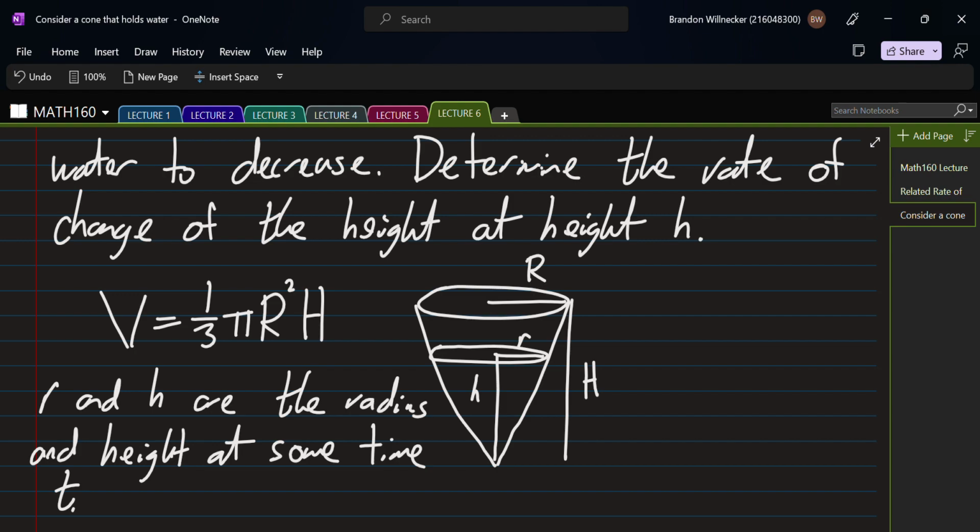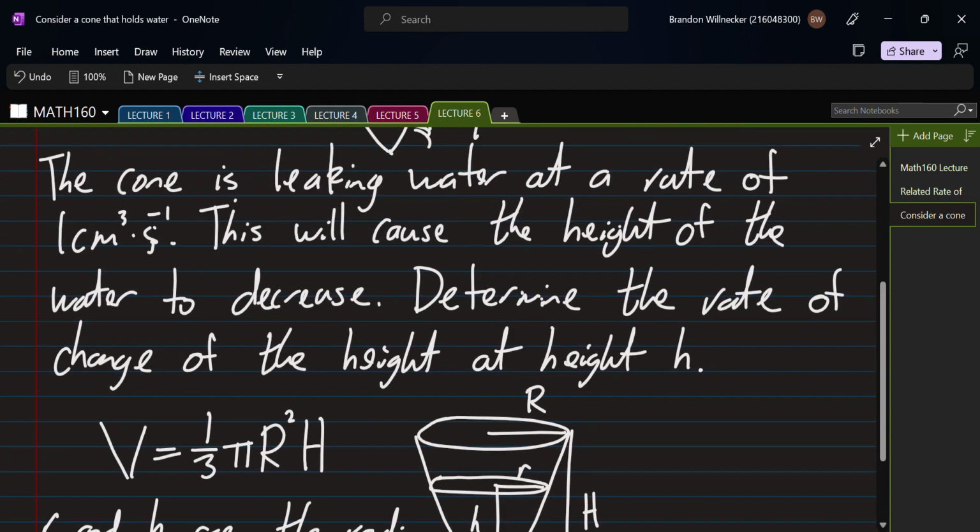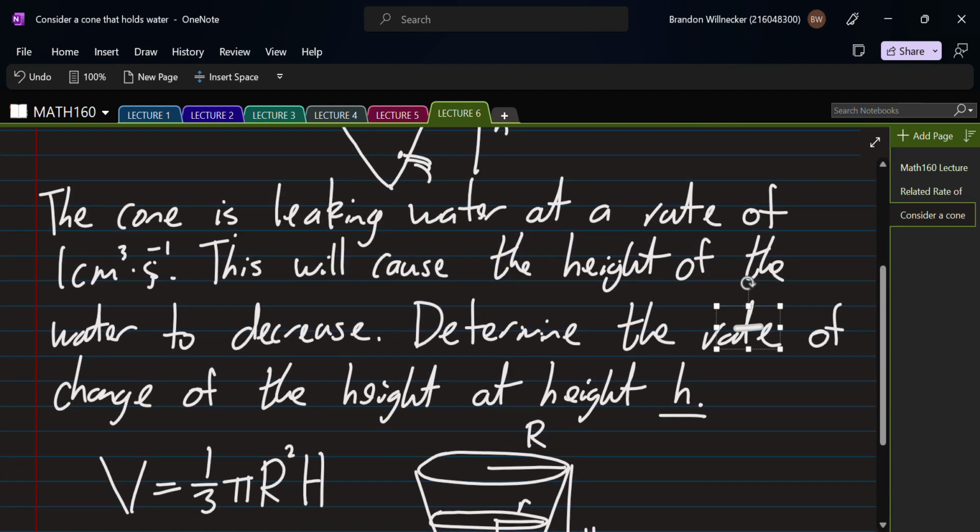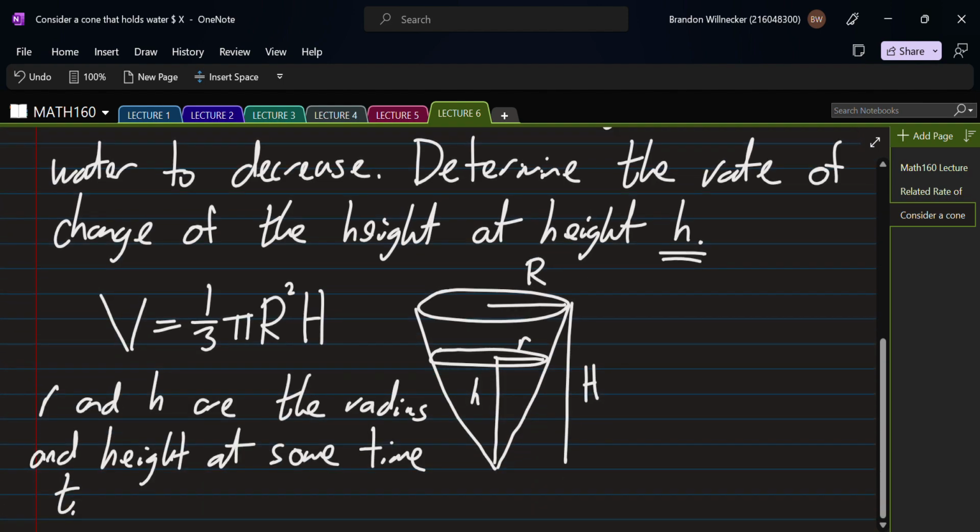Now what we want to do is find the relationship between these, because the question asks us about just this h over here, but when we're finding the volume, we need h and r. So let's just redraw this a bit.